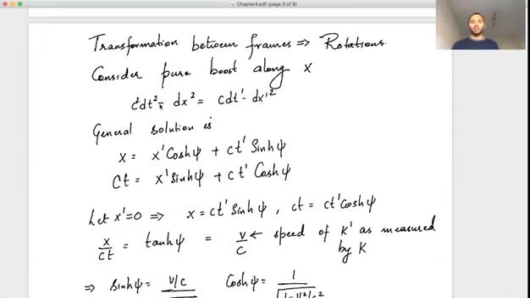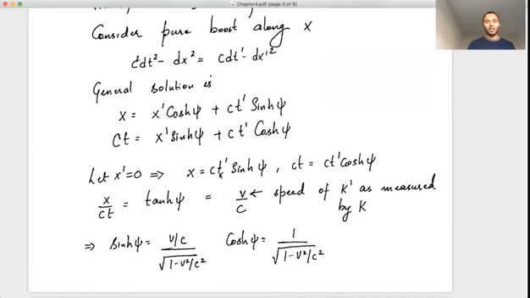Now again, if this were a plus sign, instead of hyperbolic functions you would just use normal trigonometric functions, and then x squared plus c squared t squared would just end up being x prime squared plus c squared t prime squared. Once you put hyperbolic functions here, there's an extra negative sign. So for this kind of transformation, you use hyperbolic functions.